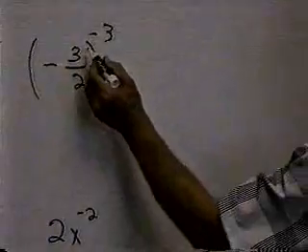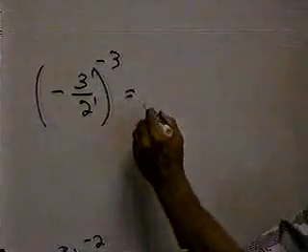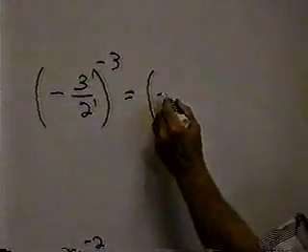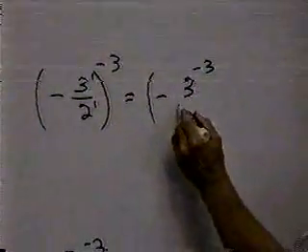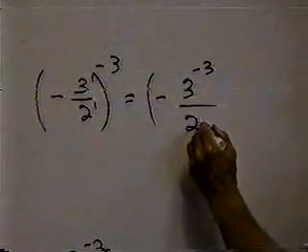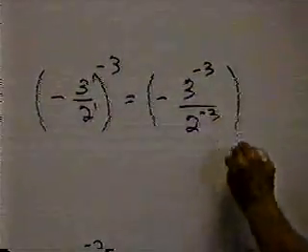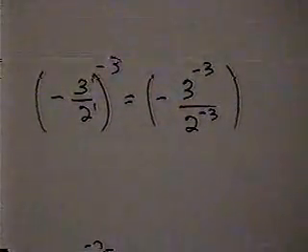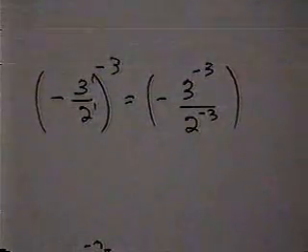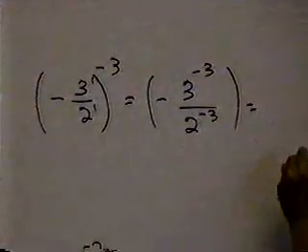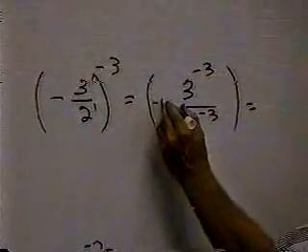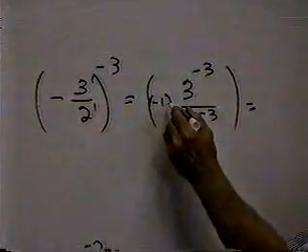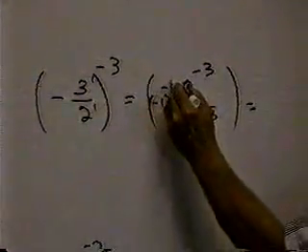All right, remember now this is the first power and first power. So it's a minus 3 to the minus 3 over 2 to the minus 3. So that's, and this is a minus 1, okay, to the minus 3.